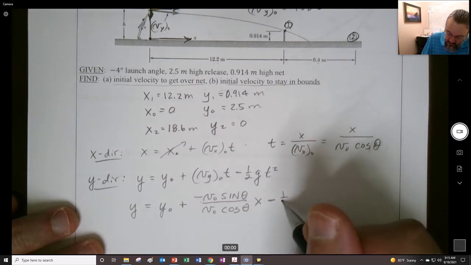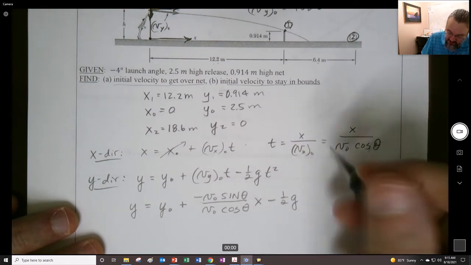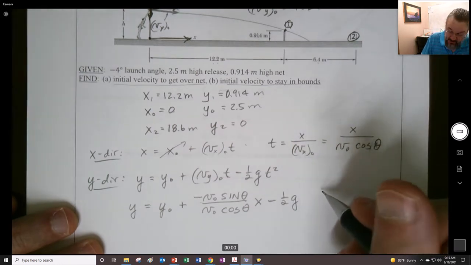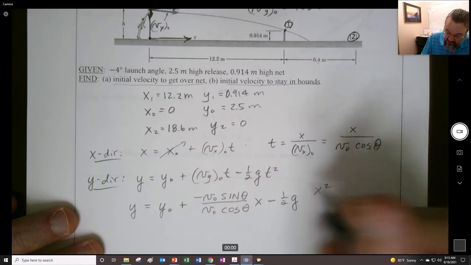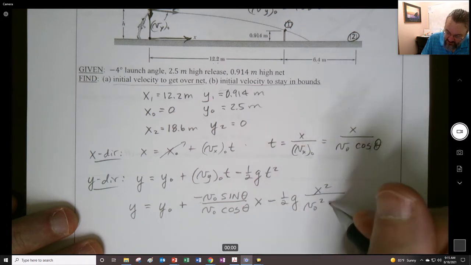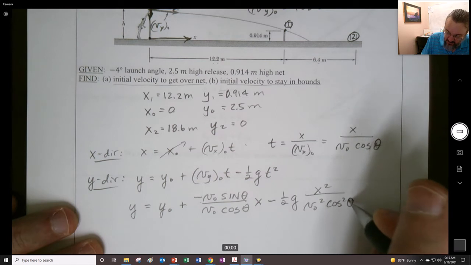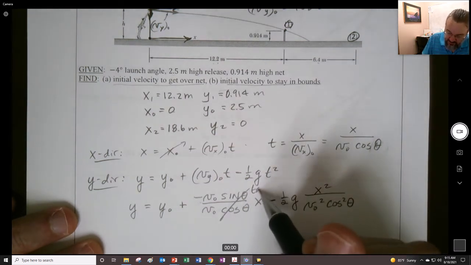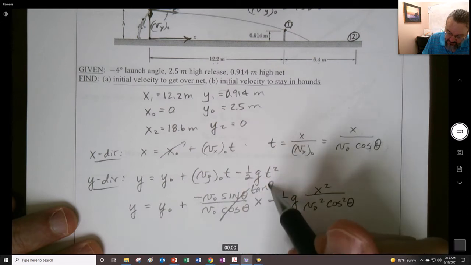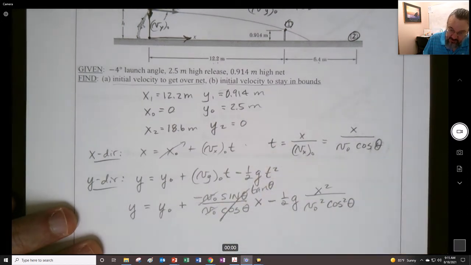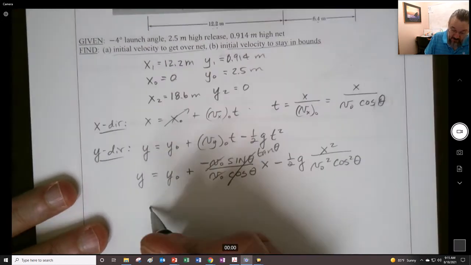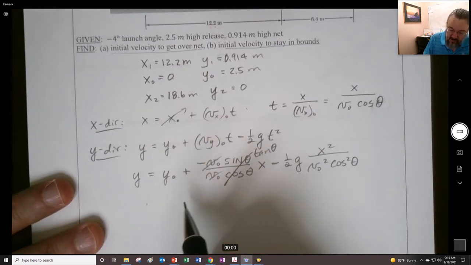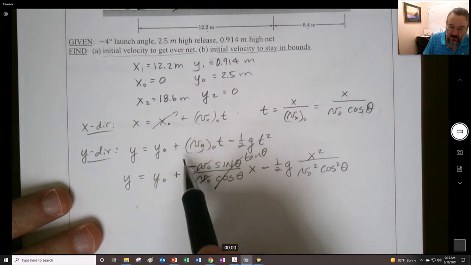Minus 1/2 g times x, now t squared, which is x squared over v naught squared cosine squared of theta. And we know this goes to tangent of theta, and we know that these cancel out from each other, right? They divide out. So let's stick the numbers in now that are going to be constants.